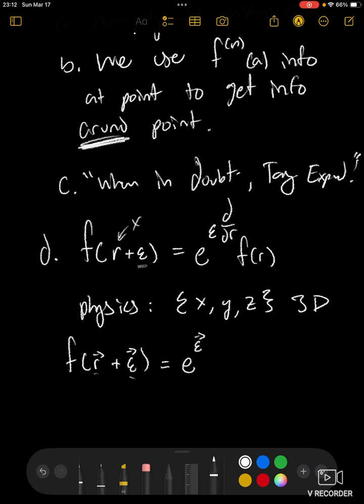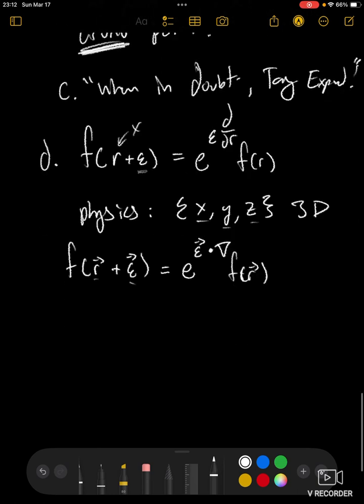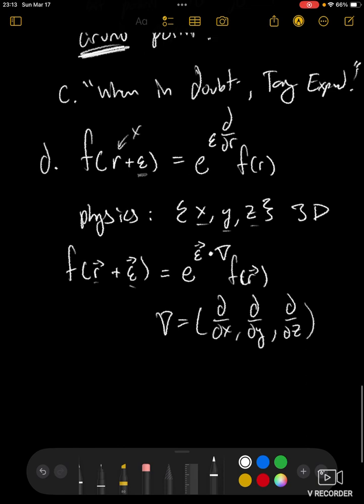So those 3 components, again, I want to say that is why I'm saying that it is a vector almost. It just has 3, the x, y, and z components, times gradient times f right here. This function, which of course is also 3 components. And this gradient is just d/dx, d/dy, d/dz. So it's really just taking this right here, but 3 times in the x, y, and z direction.